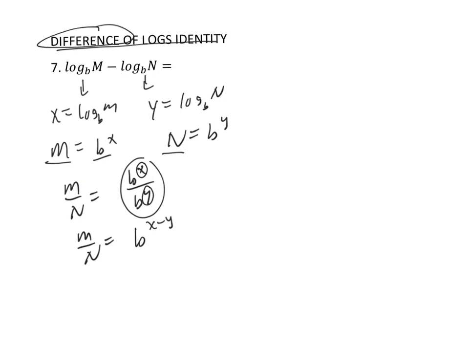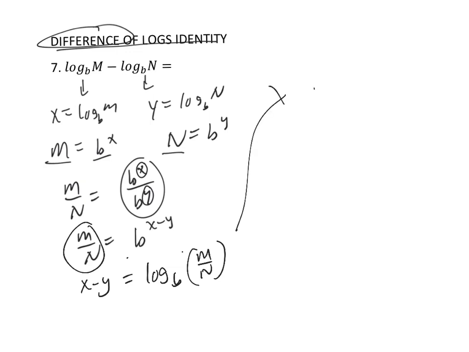Now, this format is in base, exponent, argument form. We're going to convert this back to log form. In other words, we end up getting x minus y, the exponent, equals log, the base is b, and the argument part belongs in the argument of the log form. So on the right-hand side, I'm just going to rewrite this out again: log base b of m over n, and we end up getting x minus y.